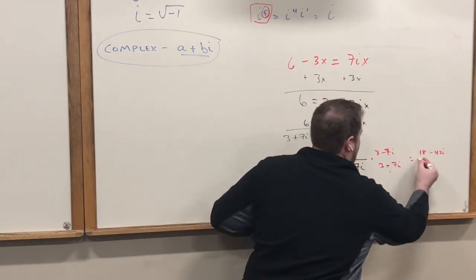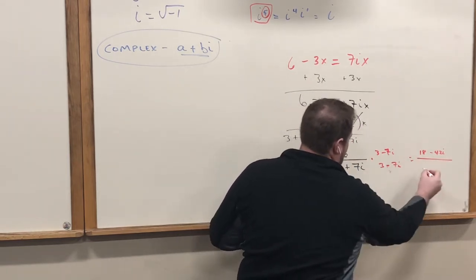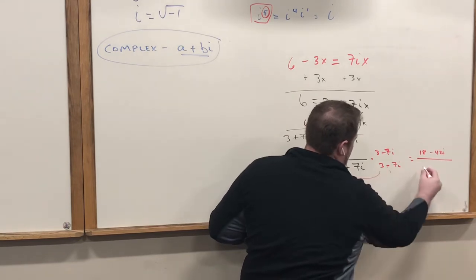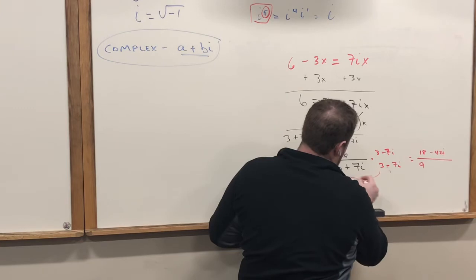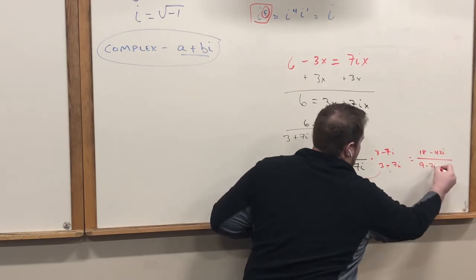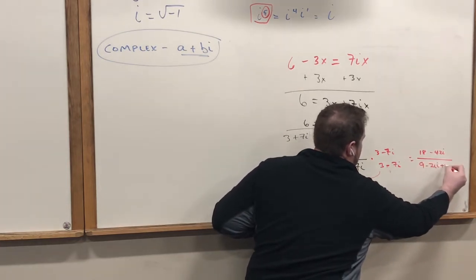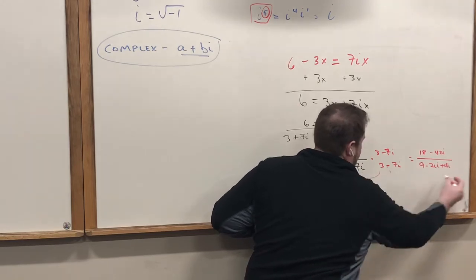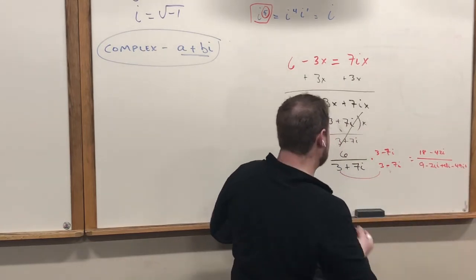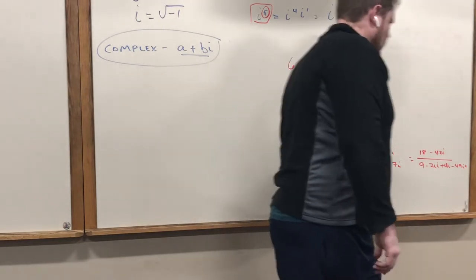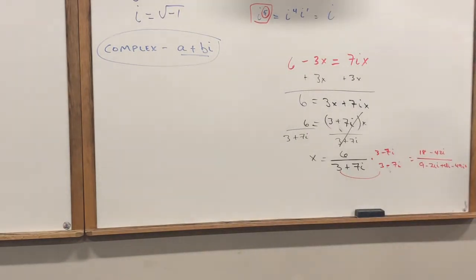So we distributed that through. Then on the bottom, it's going to be 9, and then negative 21i plus 21i minus 49i squared.